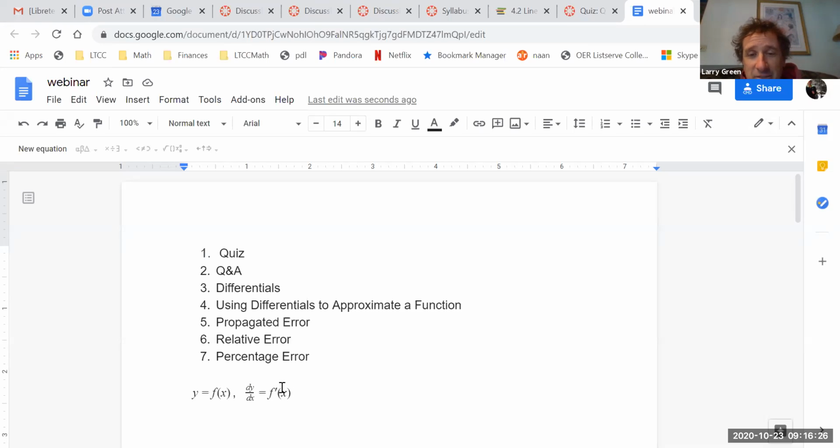If you hate fractions, what do you do to get rid of the fraction? It's not a hard question. If we have dy over dx equals f prime of x, and we don't want to have a fraction, what can we do?